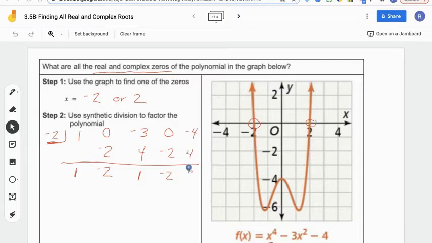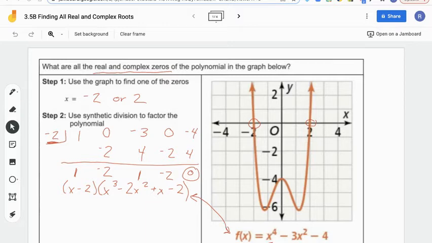Now, I know that I should end up with no remainder because I know that this is a factor. So what this means is that when I factored out x plus 2, I ended up with x cubed minus 2x squared plus x minus 2. Now I can write it in that factored form instead of how we started. They're equal to each other, just written in different forms.